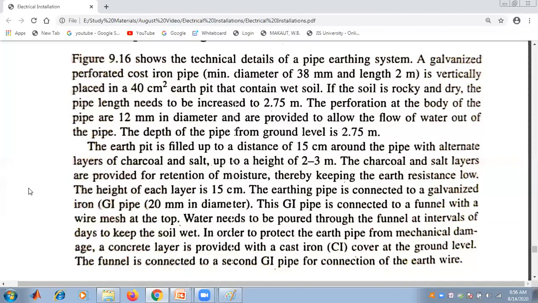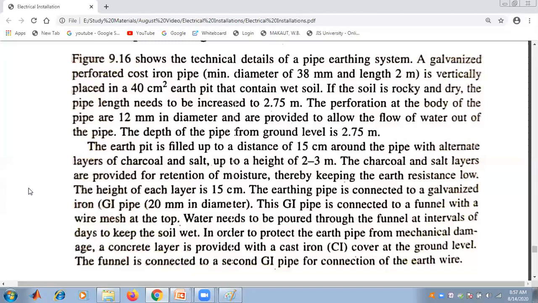The perforations at the body of the pipe are 12 millimeter in diameter and are provided to allow the flow of water out of the pipe, and the depth of the pipe from ground level is 2.75 meter.